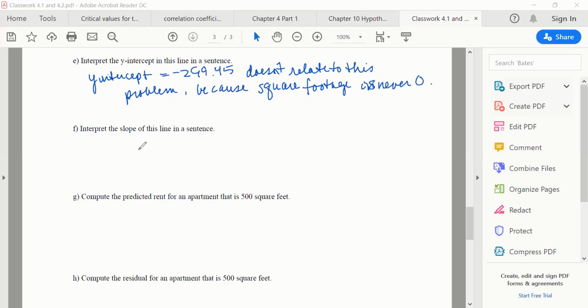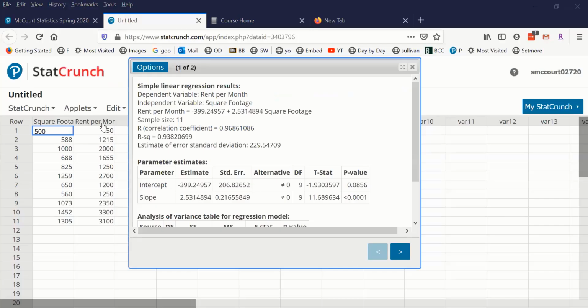Okay. So the next was looking at the slope. So going back to StatCrunch, my slope was 2.53. See that here? Okay. So 2.53.